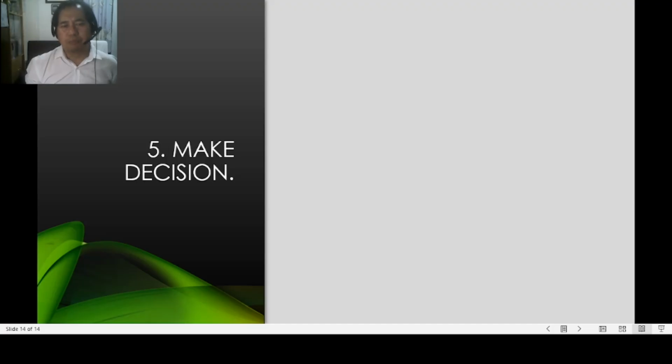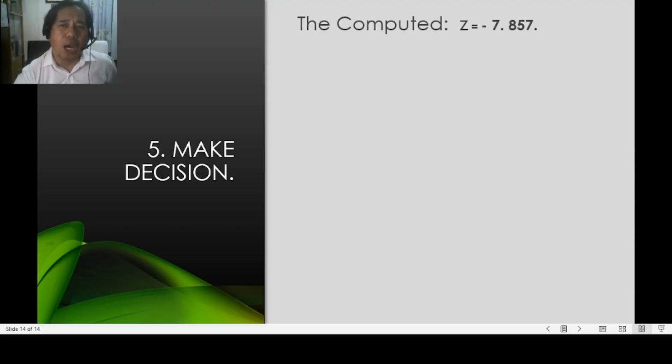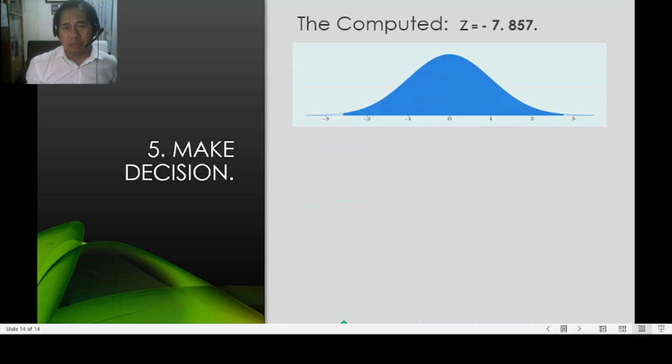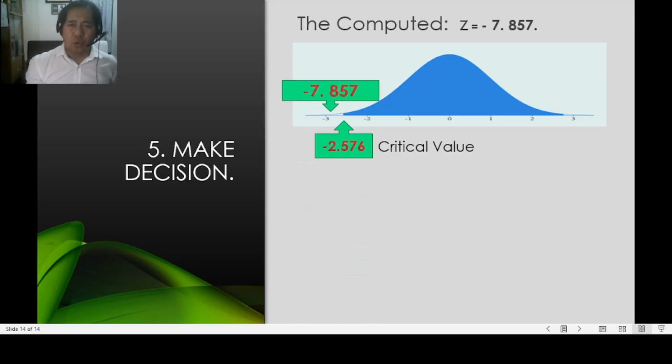Notice we will make a decision. Now, our computed z is negative 7.857, which is located on the left side of the critical value, negative 2.576. So it is located in the rejection region of the normal curve.